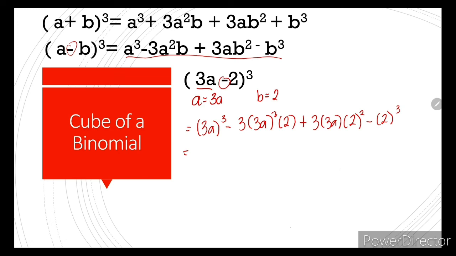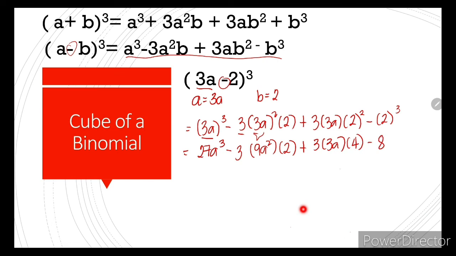3 times 3 times 3, or 3a times 3a times 3a, is equal to 27a cube minus, isolve muna natin ito. So, kopyahin natin si 3. 3 times 3 is equal to 9a squared times 2 plus 3 times 3a. 2 times 2 is equal to 4 minus 2 times 2 times 2 is equal to 8.